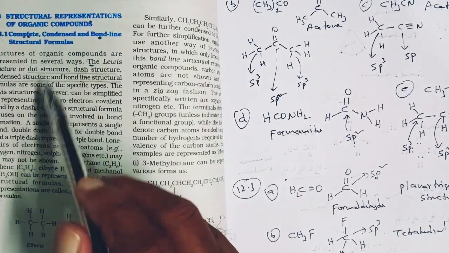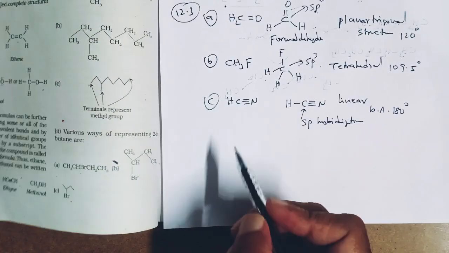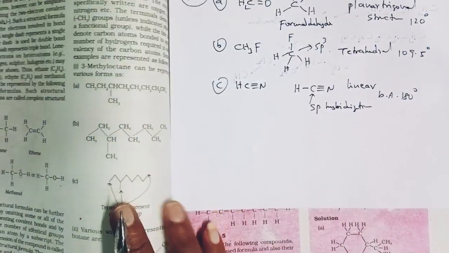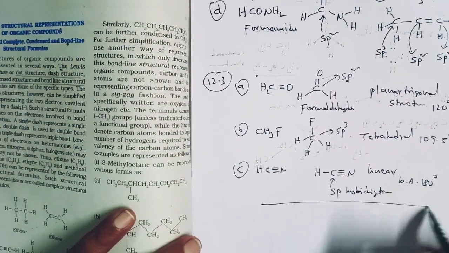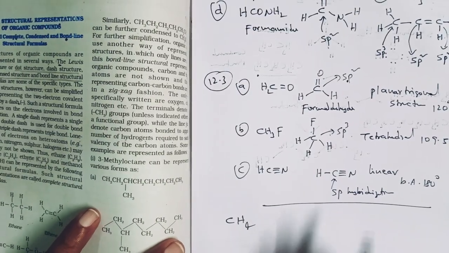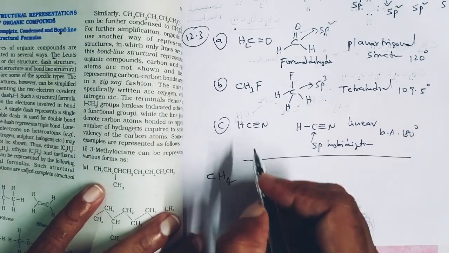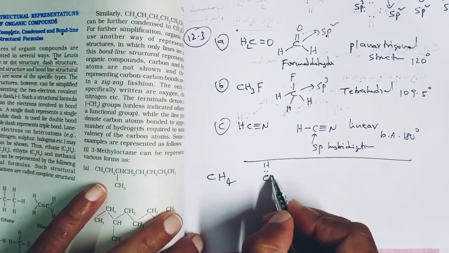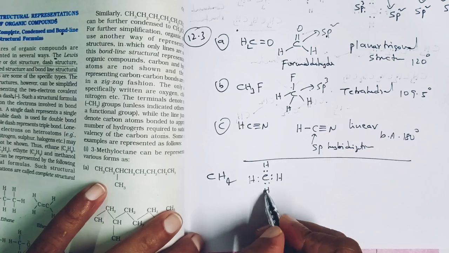If you read this paragraph, you will see first the Lewis structure. If we take the example of methane, CH4, the Lewis structure for this one is like this, with H H H H around carbon.